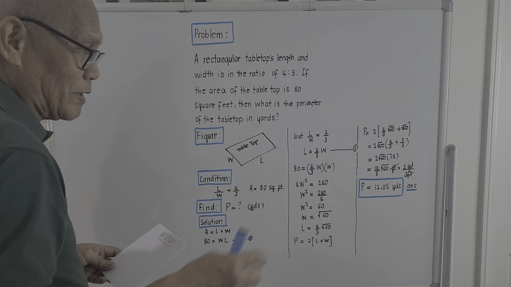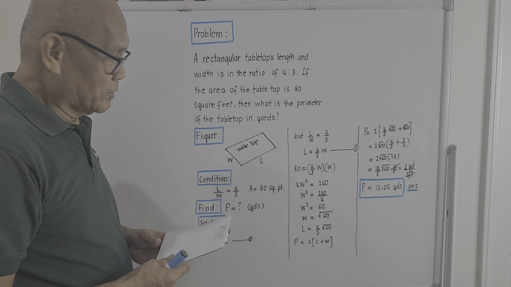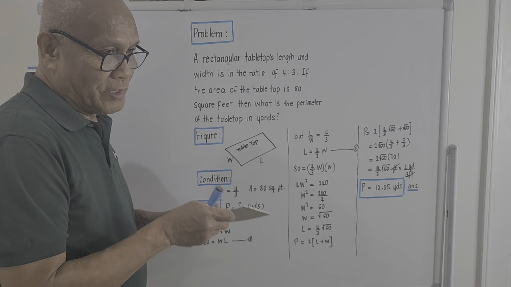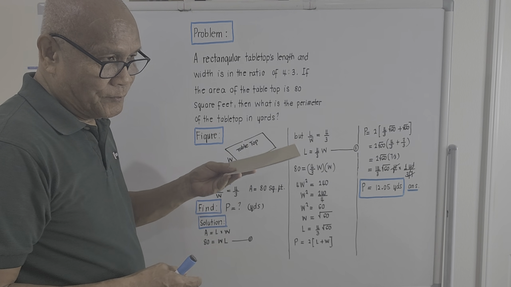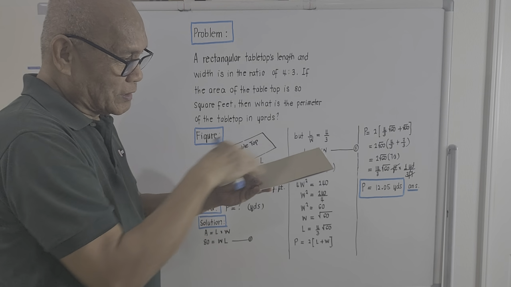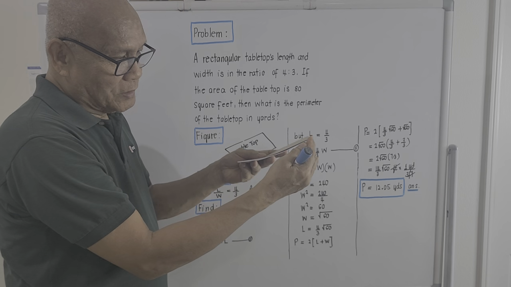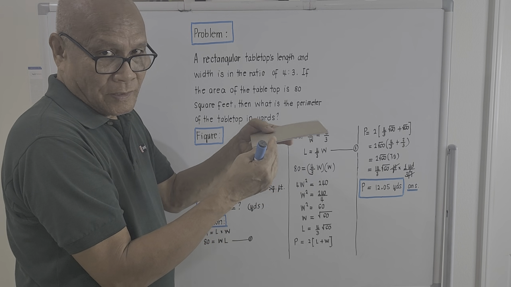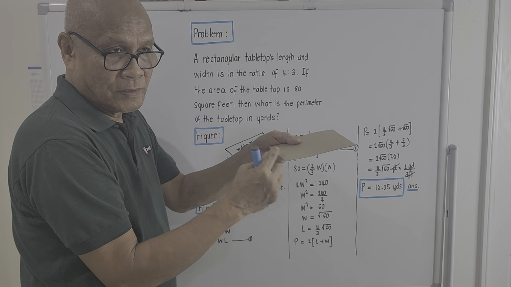The figure of this one will be a geometric figure. Obviously, it's a rectangular figure. So we assume that this is the tabletop. This should be the length, and this is the width.